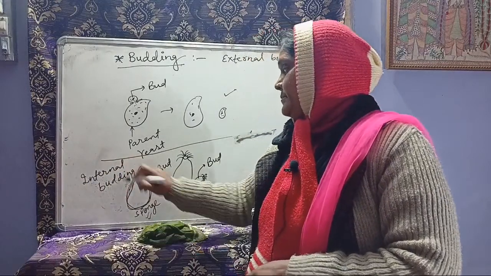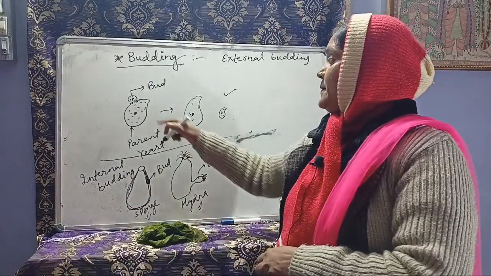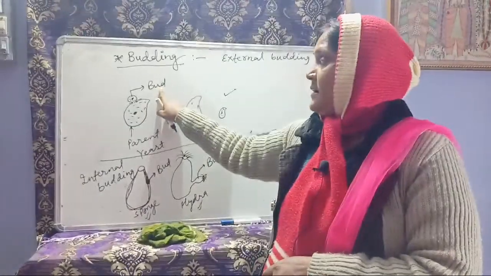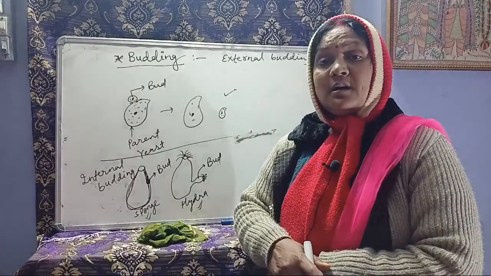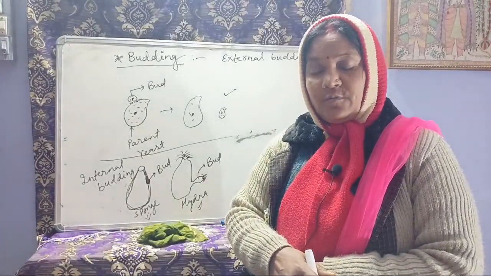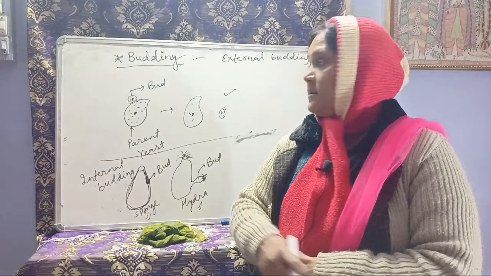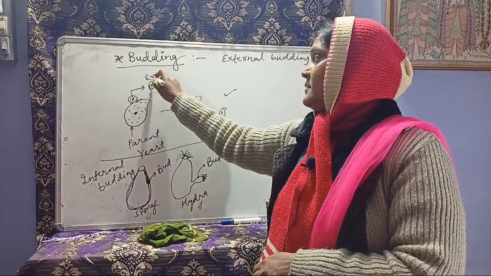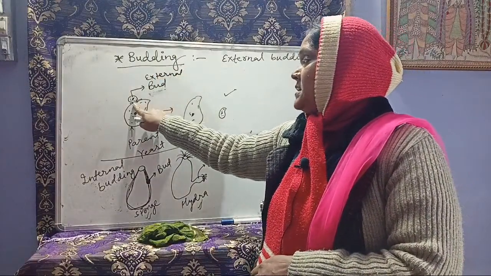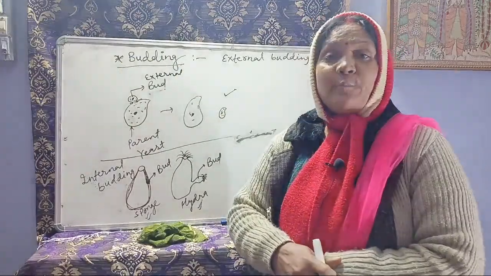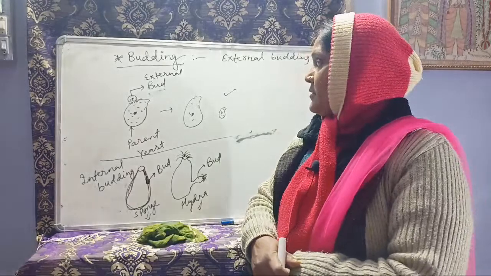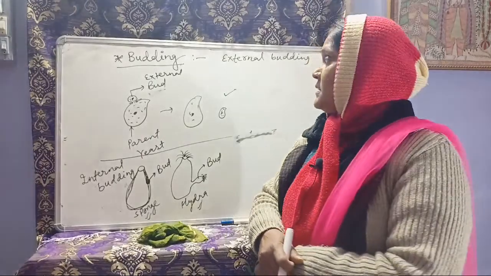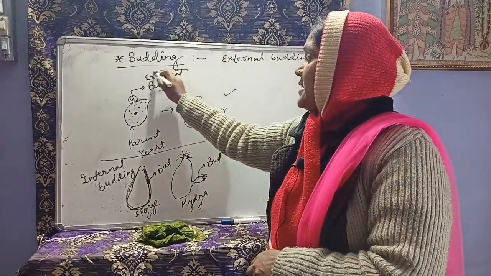If the bud is formed as an outgrowth from the parental body wall, outer to the parental body wall, then it is an external bud.